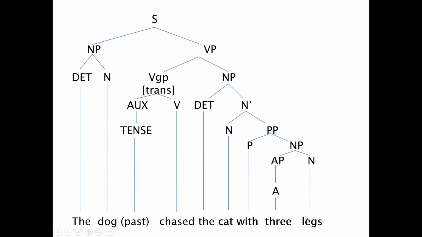You cannot say the dog it chased with the 3 legs. No, this is absolutely unacceptable. So remember, the cat is a very important element in the sentence. The cat, here we have the prepositional phrase.